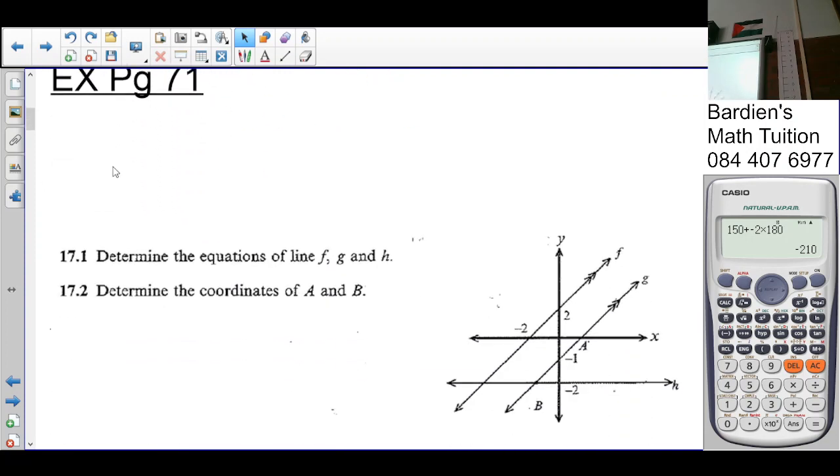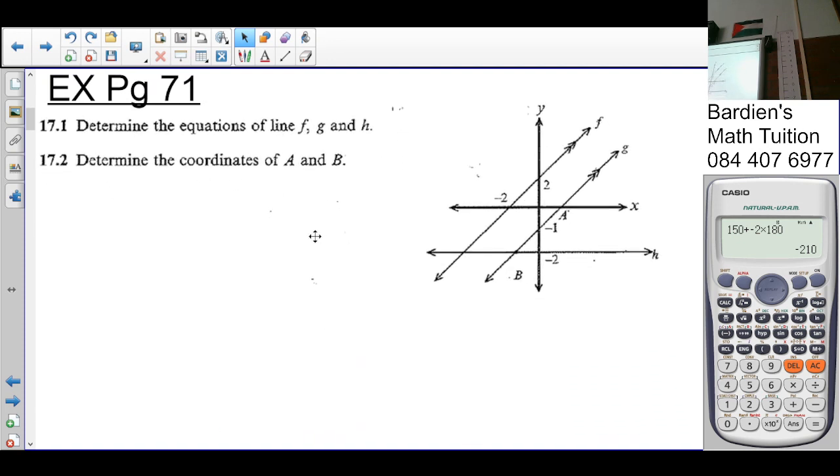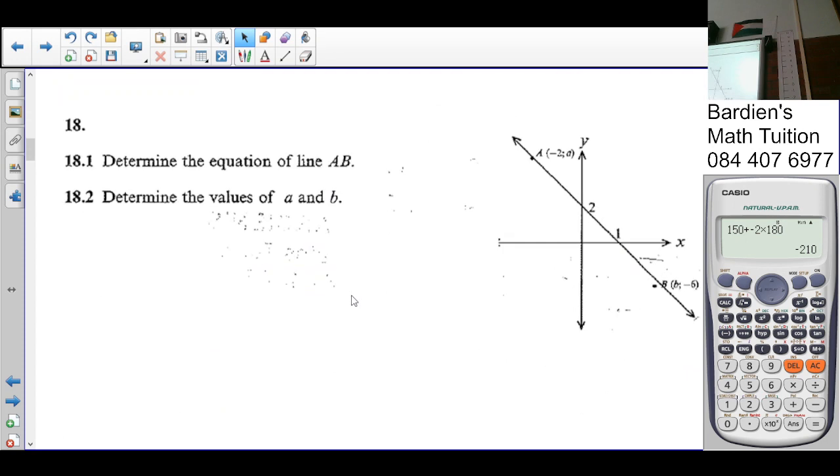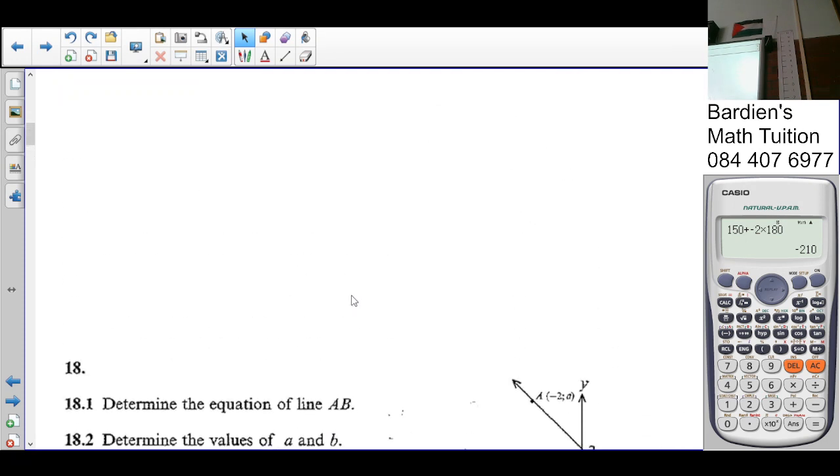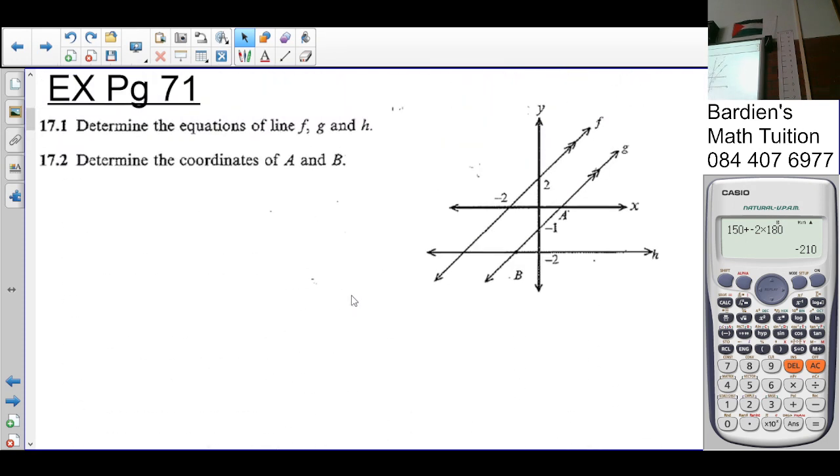Number 17. Determine the equation of F, G and H. We did one like this already. This is the last sum. Looking at F, back to those points, not so?